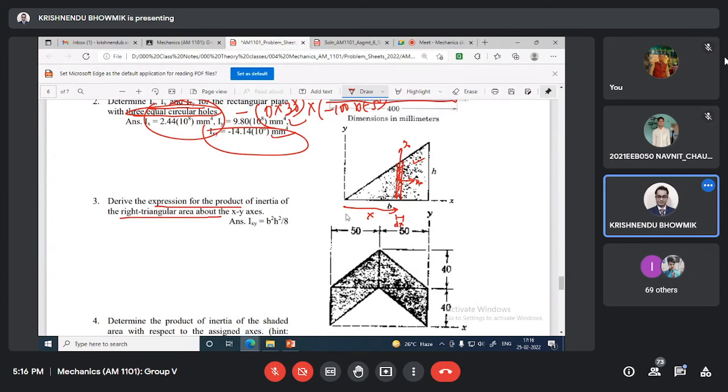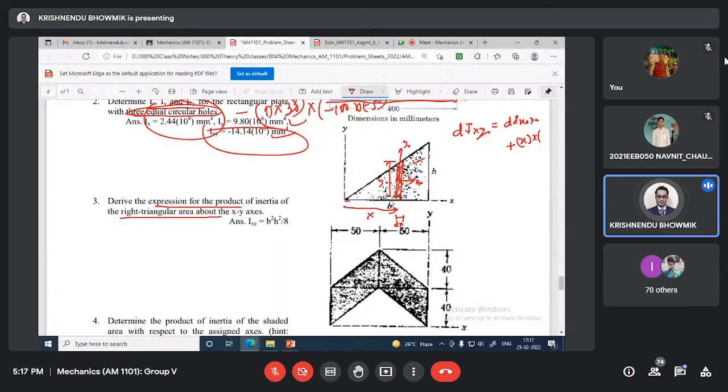Now dIxy for this element equals dIx0y0 plus x multiplied by y. This is y.